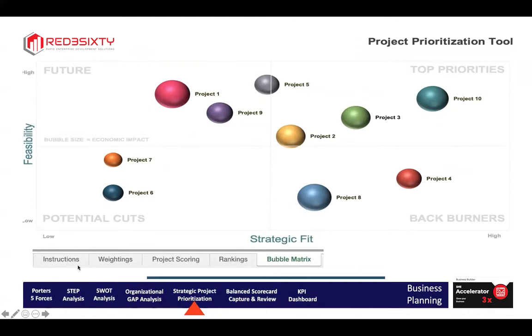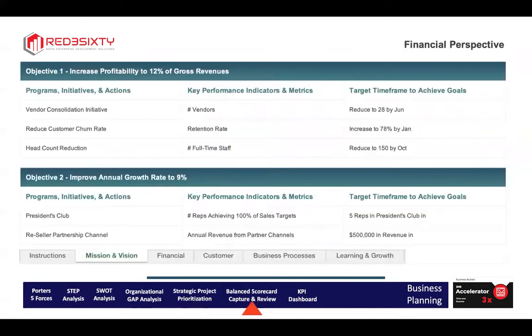The tool itself provides you with instructions, weighting, the project scoring, the ranking, and ultimately this assessment to help you prioritize projects. Then we look at balanced scorecard capture and review.